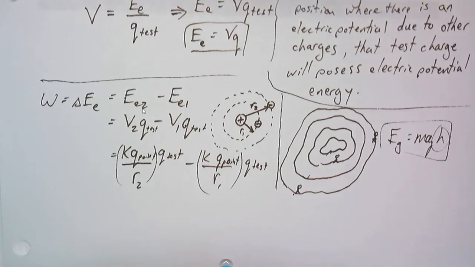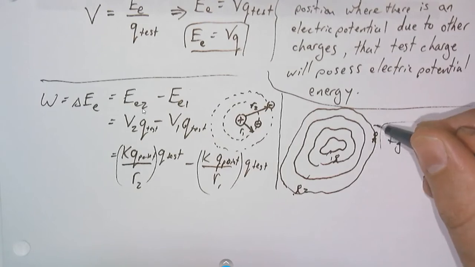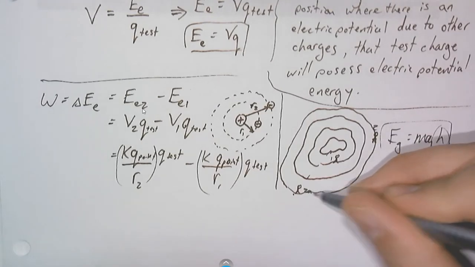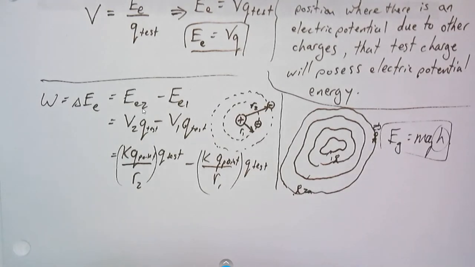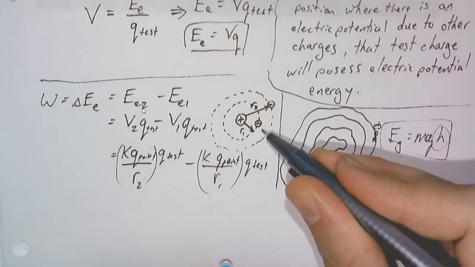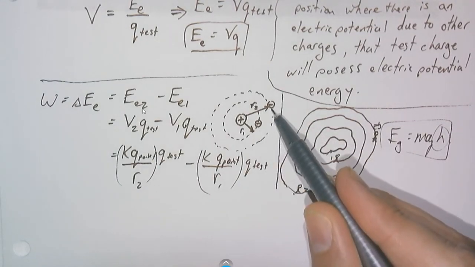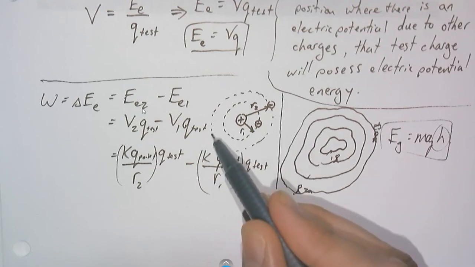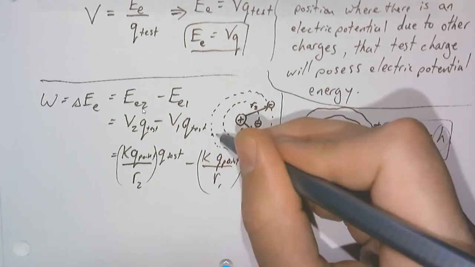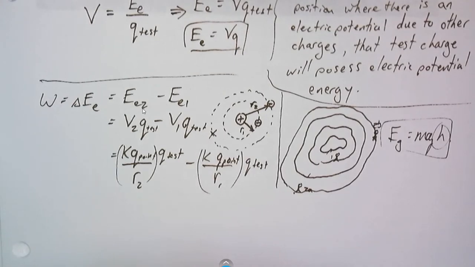So I believe that the change in gravitational potential energy from position 1 to position 2, we could even call it position 2A versus position 2B, because it's kind of like a choice, choose A and B, the gravitational potential energy would be the same difference either way. And the same thing would be true for our electric potential contours for electricity. Whether that electric charge ends up over here on the contour or over here on the contour makes no bit of difference, right? It's still the same change in electric potential energy.